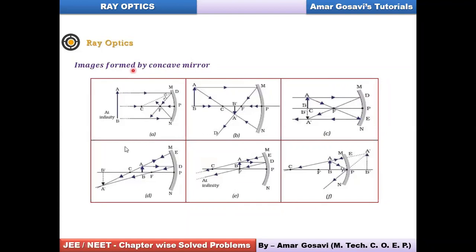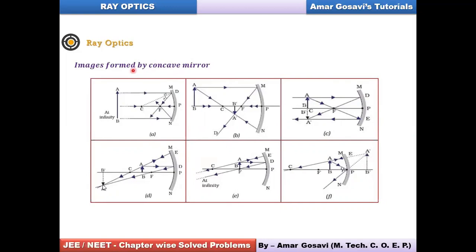There onwards, let's discuss case D. In case D, you are putting the object between the focus and center of curvature. So let's say the first ray will move parallel to principal axis, and after reflection will move through focus. Here from this, it has to move through center of curvature. So let the ray move through center of curvature. Wherever they meet, the image will be formed.